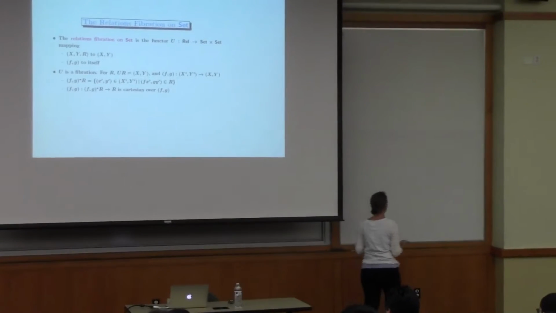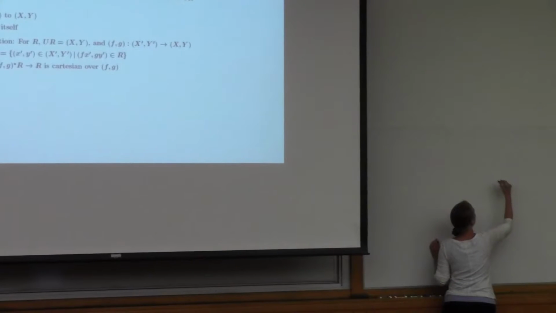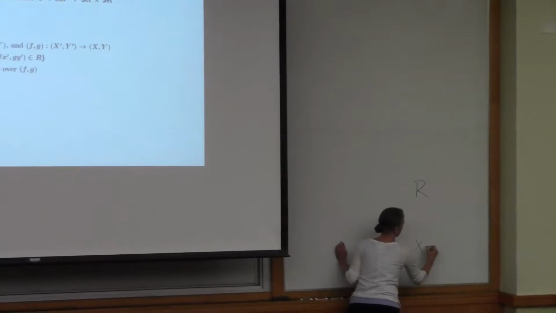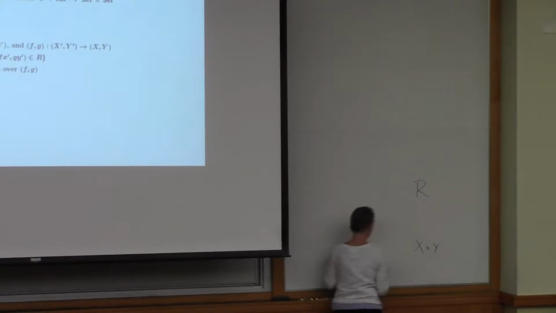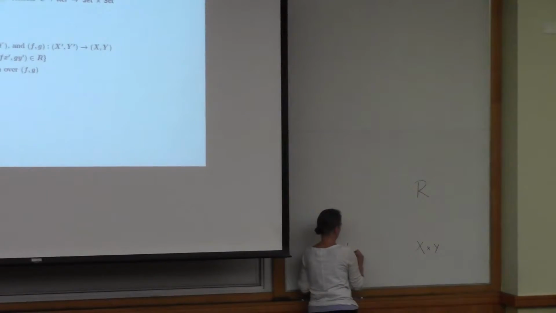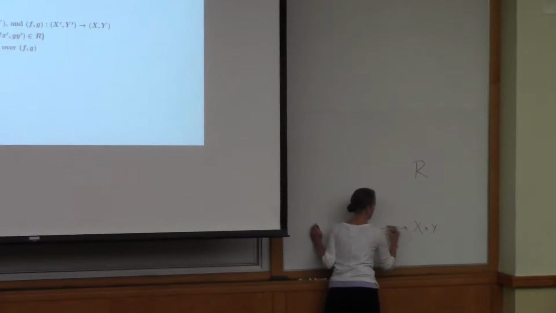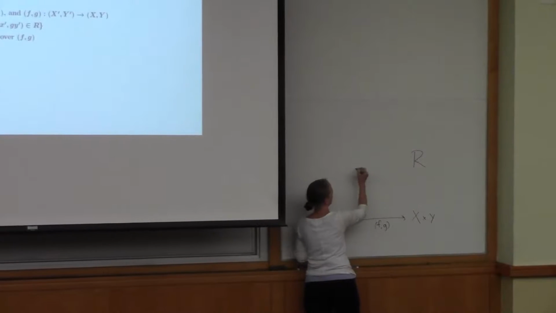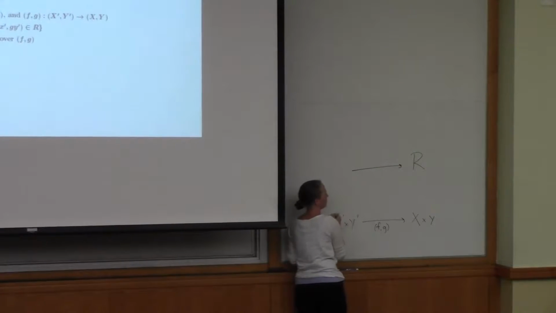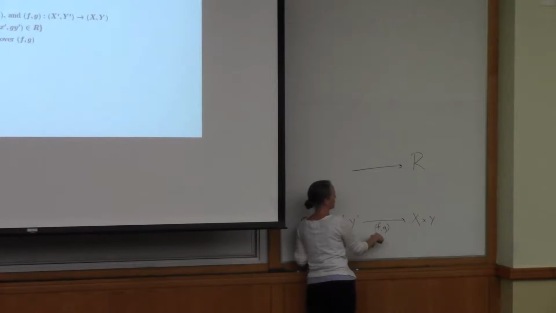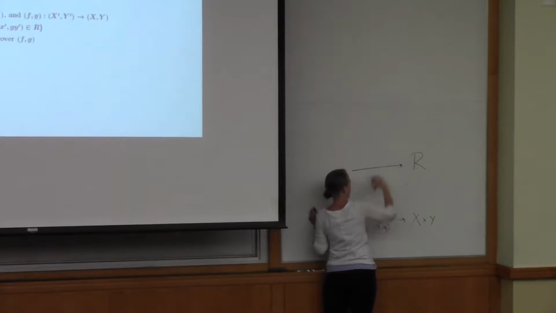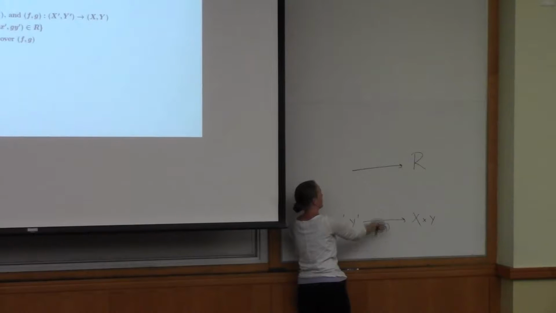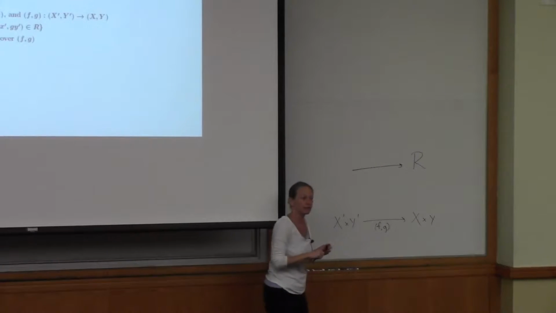To be a fibration, I have to show you I've got a Cartesian morphism for every choice of R that's maybe over X cross Y. And if I take a morphism here, then I have to make a morphism here that's over this one and has this property that if I try to factor, if I have something whose image factors through this map, then I can factor, right?